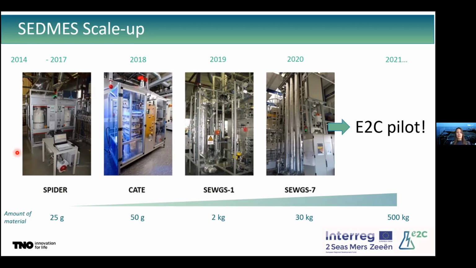It's called the spider reactor because it has 8 reactors where you can test different materials at the same time. Then in 2018, we went to a bit larger scale, the CATE reactor, where we optimized more the reaction conditions, these type of things. And then in 2019, we continued onwards to the 2-meter high column system.